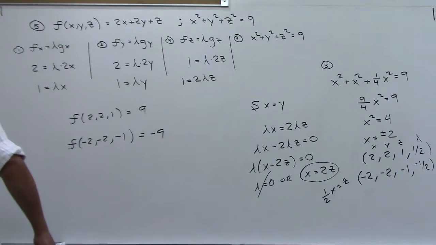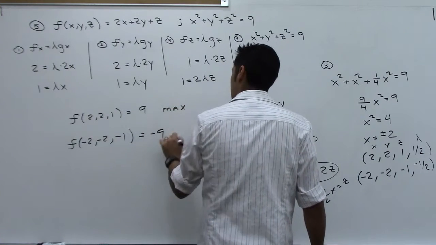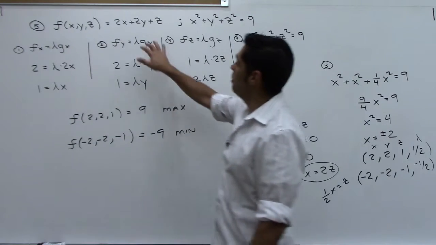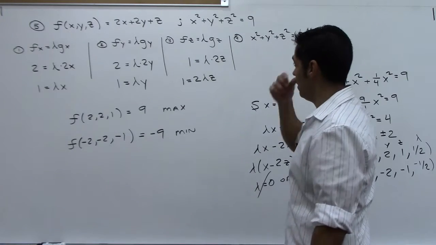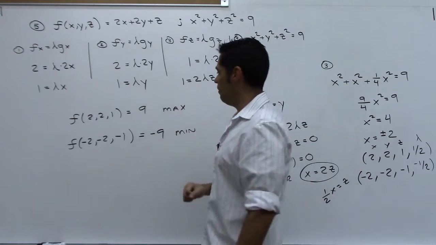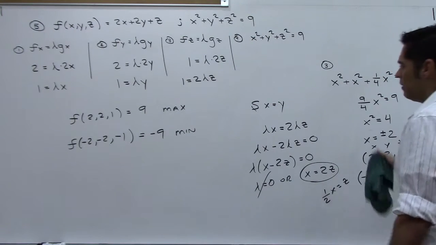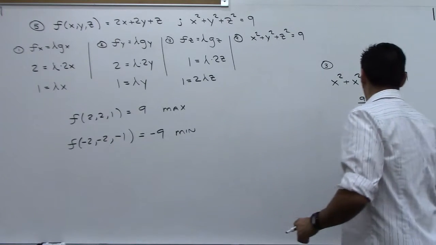And so you have a maximum value of 9 and a minimum value of negative 9. So if you look at this function of 3 variables and you constrain it to that, which is actually a sphere, and you plug in points just on the sphere into this function, the biggest value you're going to get out is 9, the smallest value you're going to get out is negative 9.